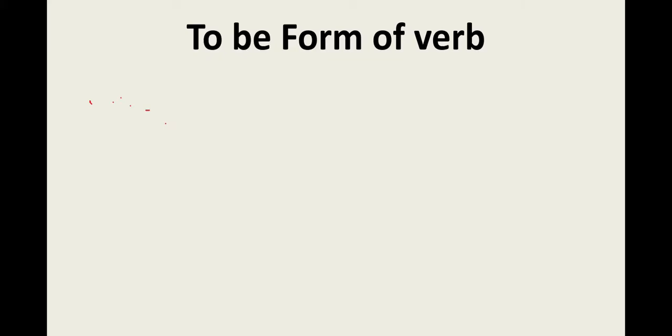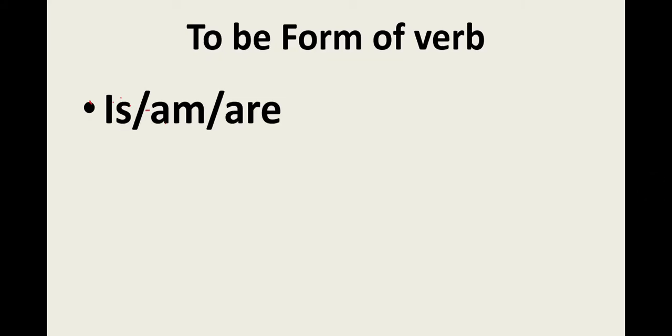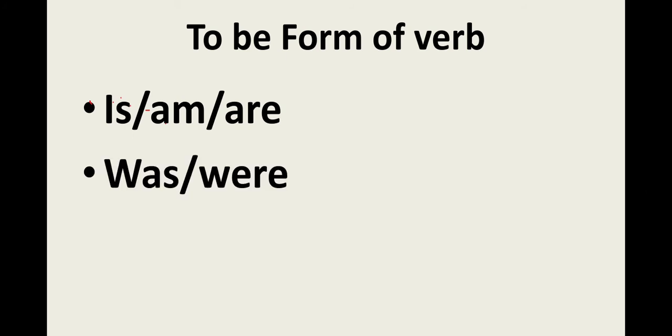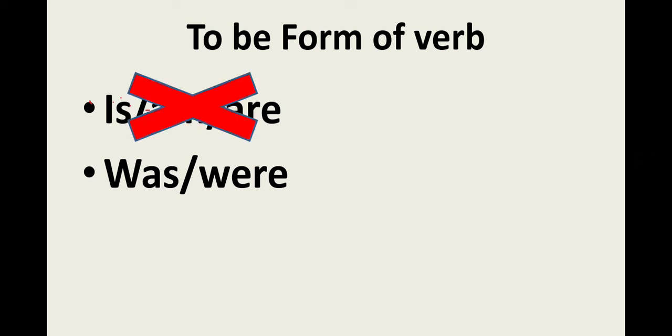I think you know about the to be form of the verb, like is, am, are in present form, was, were in past form. But here in the subjunctive, we don't use the to be form of the verb in present tense like is, am, are. We use the subjunctive in the to be form of the verb in past tense. And here also we use were, only were in place of was also.